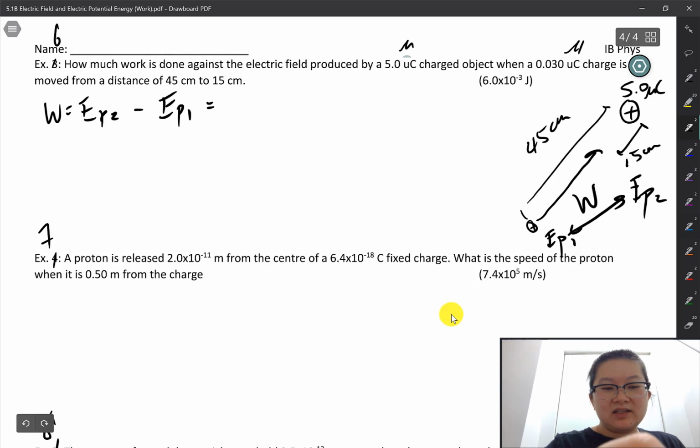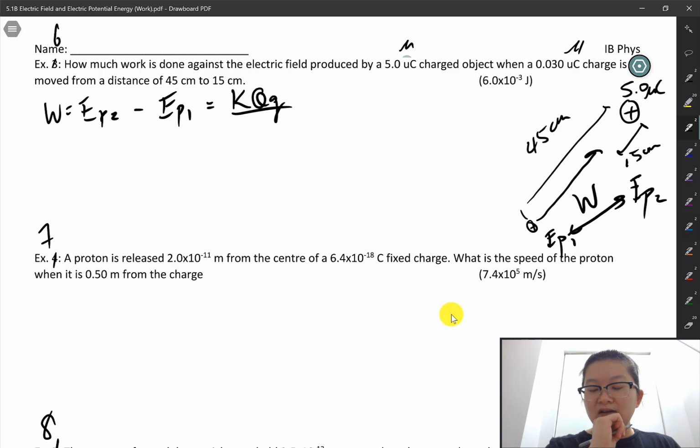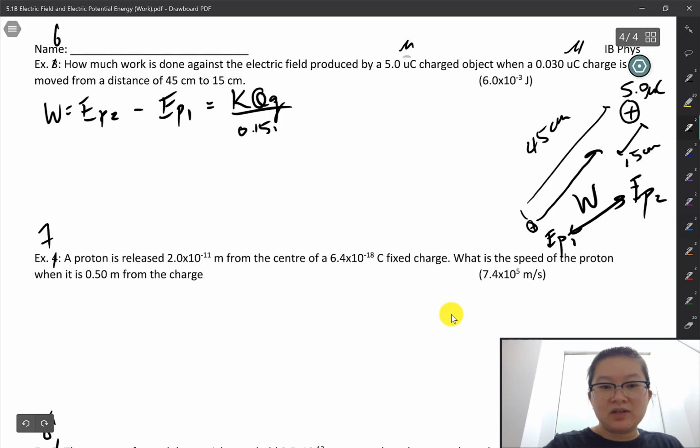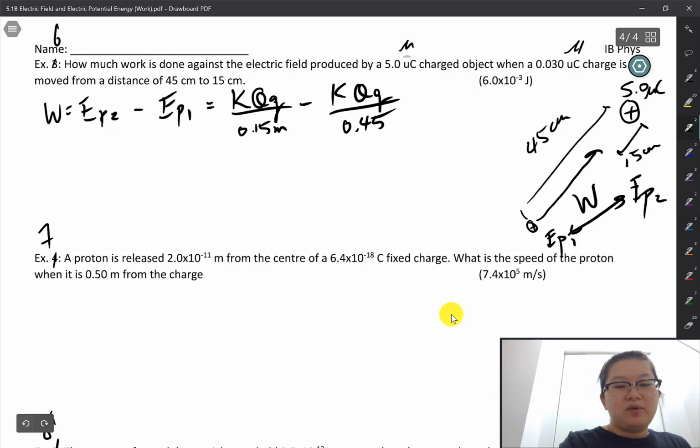Okay, and to calculate that, this is going to be K times my big charge times my small charge divided by my first distance, which is 40. No, it's actually 15 centimeters. So 0.15 minus K big Q small q divided by 0.45. Putting in all my values, so 8.99 times 10 to the power of 9. You know what?